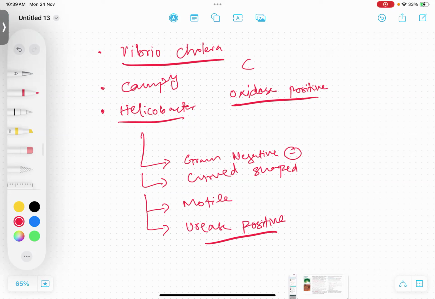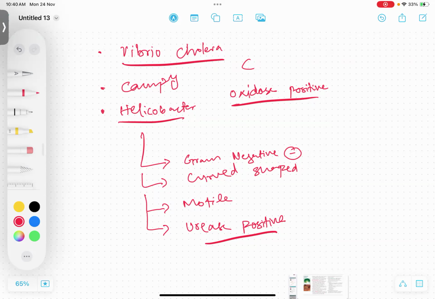It's one of the most important virulence factors for H. pylori. It converts urea to ammonia, which brings the pH to alkaline, so it increases the pH of the gastric environment.